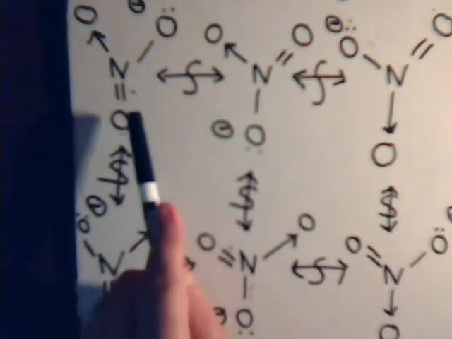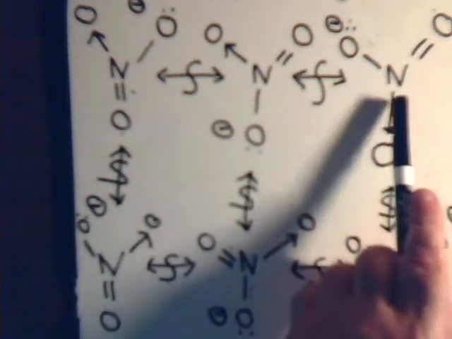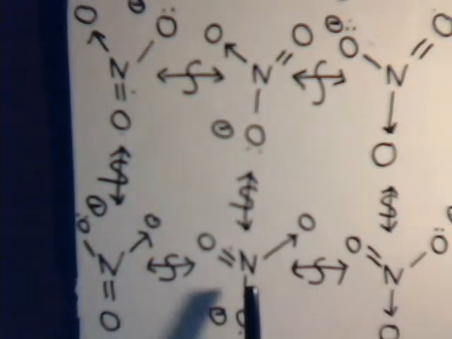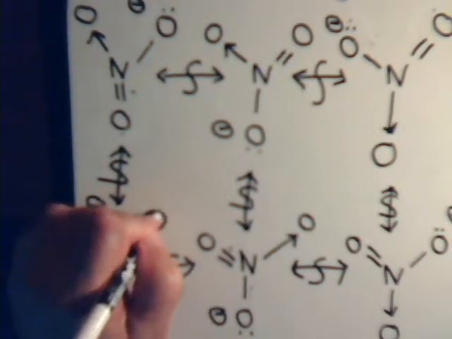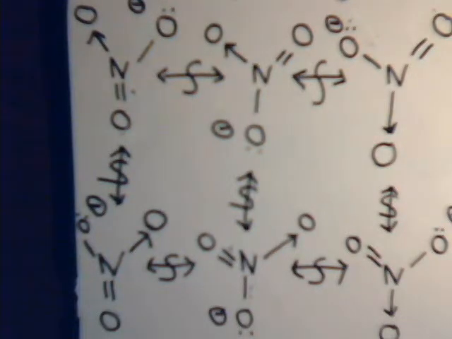Notice we have 1, 2, 3, 4, 5, 6 canonical structures that we can draw. They're all symmetrical with one another. There's no separation of charges. Instead, what we have is charge dispersion.